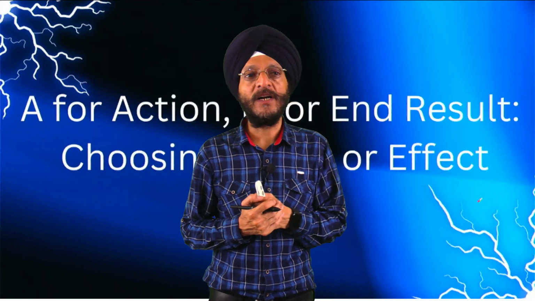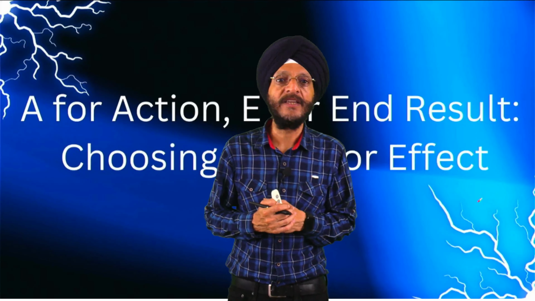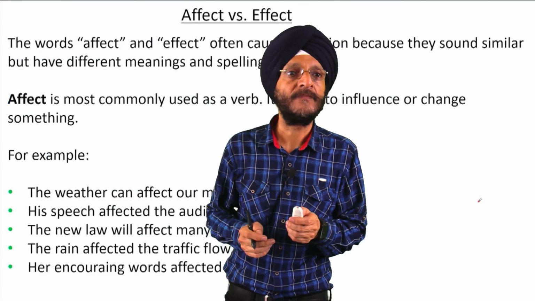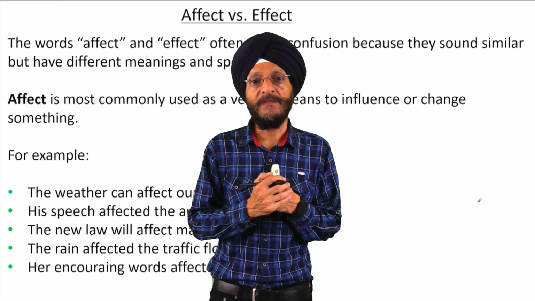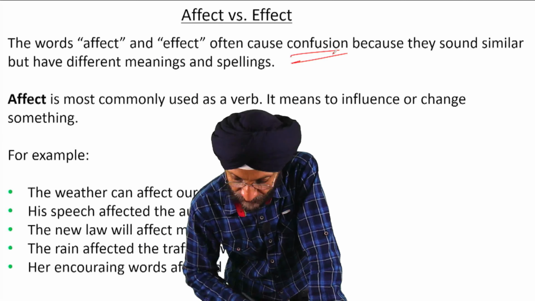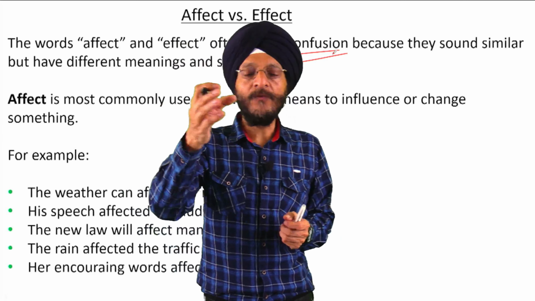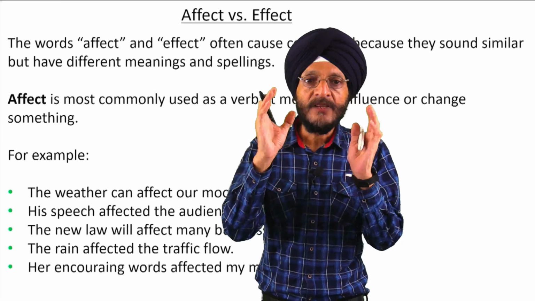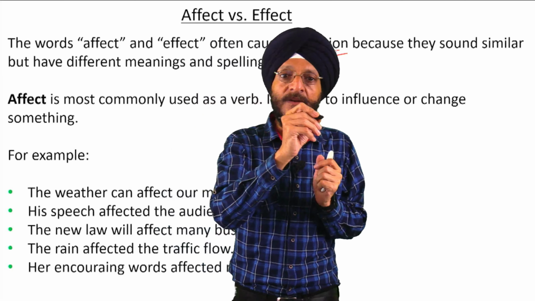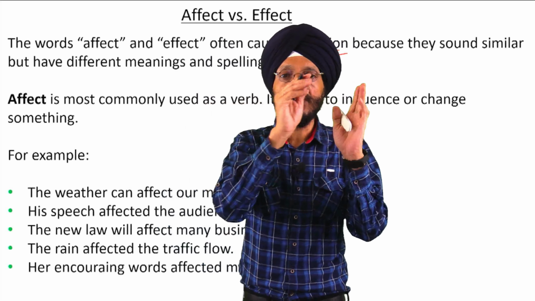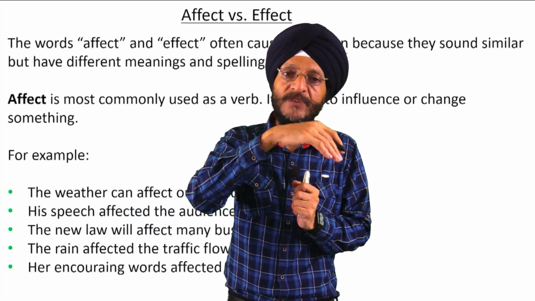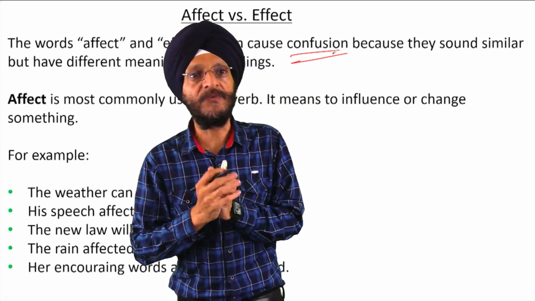Now the topic before us is A for action, E for end result, choosing affect or effect. These two words, affect and effect, often cause confusion, because when we are speaking, these two words sound similar, but when we are to write, these two words have different letters, and the meaning of these two words is also different.